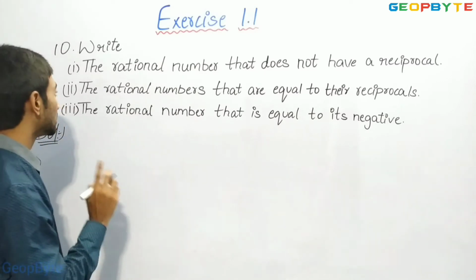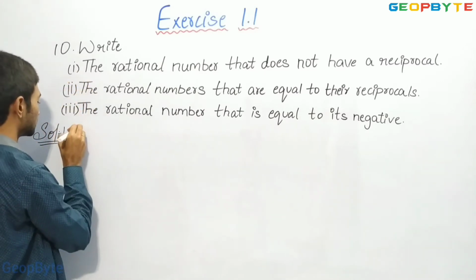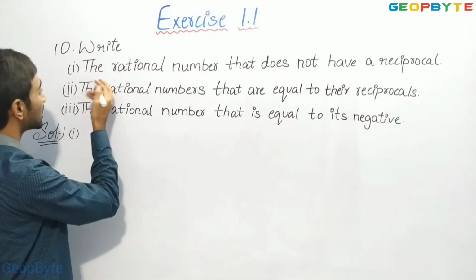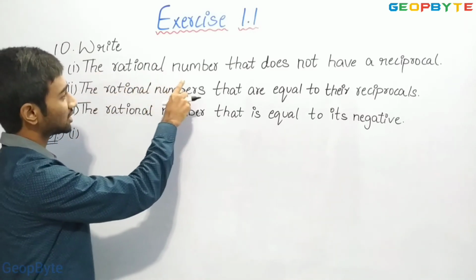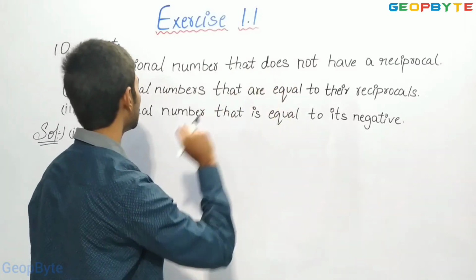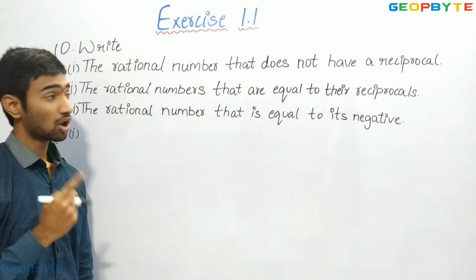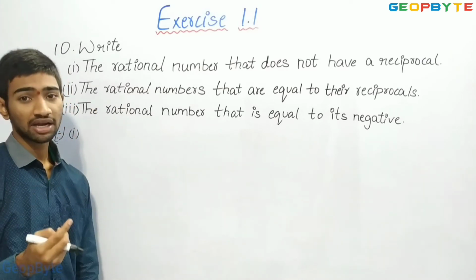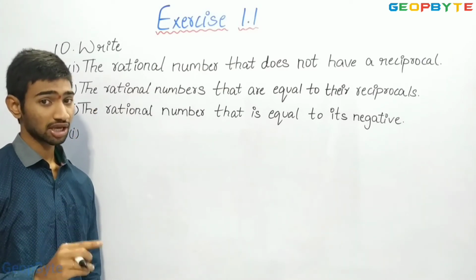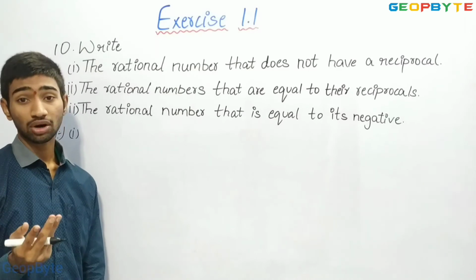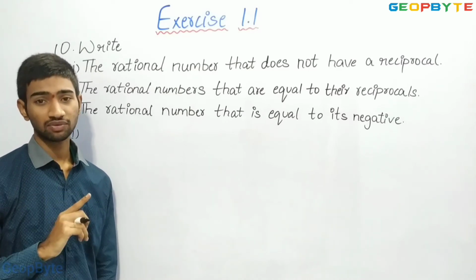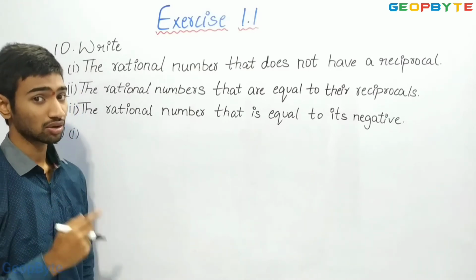First of all, let us find for the first bit. They gave that the rational number that does not have a reciprocal. So we know that when a number or any rational number multiplied by 0 doesn't give answer as 1, because anything multiplied with 0 is 0.